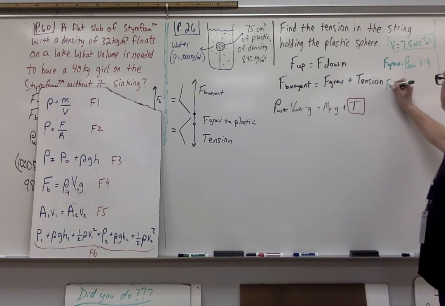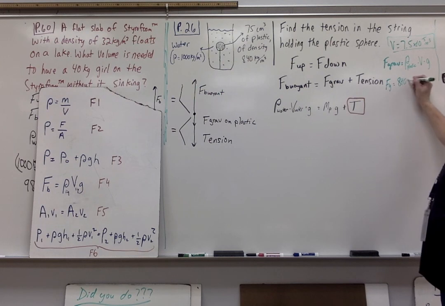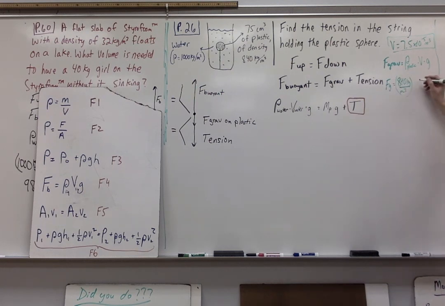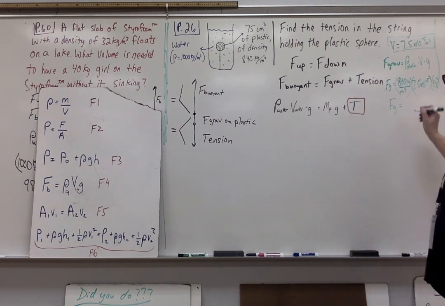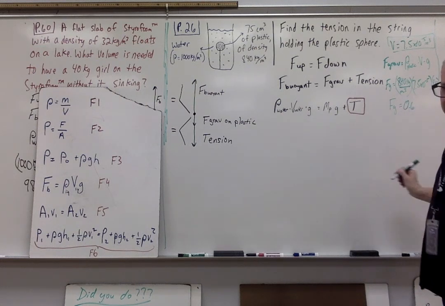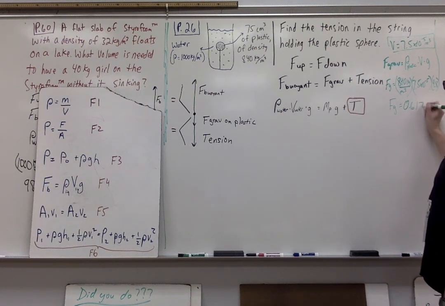So F grav, the density is 840 kilograms per cubic meter times the volume, which I had up here, 7.5 times 10 to the negative 5th, times 9.8. So F gravity on the plastic is going to be 0.6714 newtons. Nope, I lied, 0.6174, because apparently dyslexia. Okay.